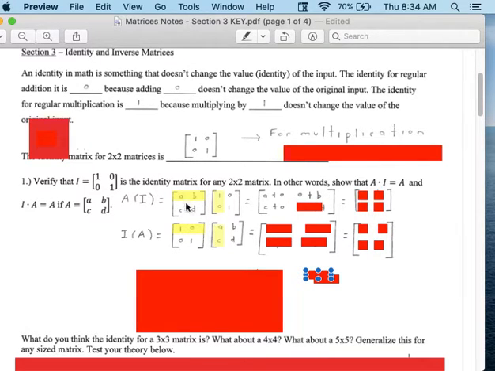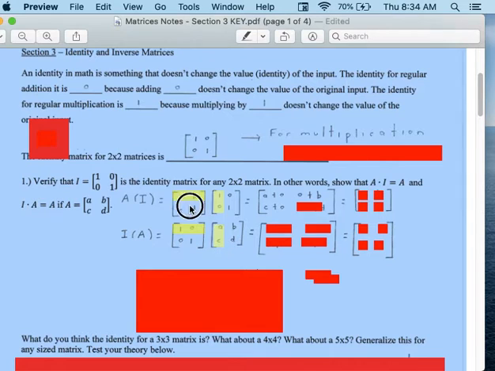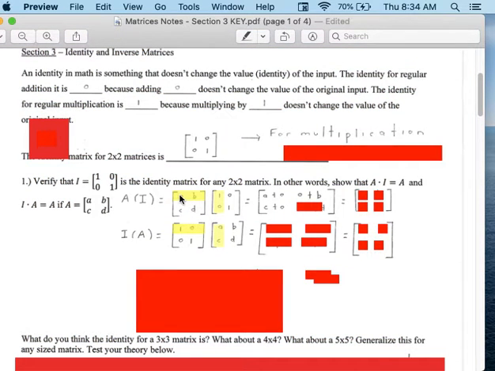And going to the second row here, I'm going to take C times 1 and D times 0 to get C plus 0.